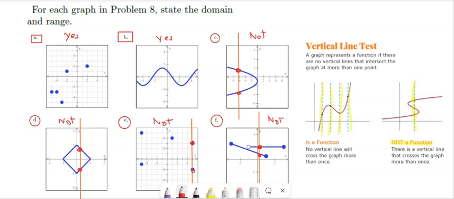Now I'm going to focus only on A and B, since they are the only 2 functions. I don't think they will ask you to find the domain and range of a graph that is not a function in this class, so that's beyond this level. Let's focus on A and B only.